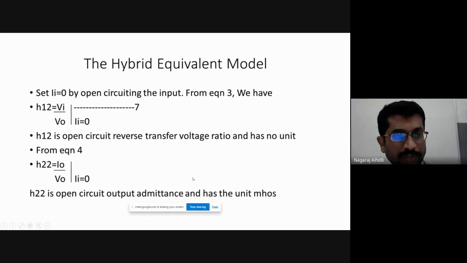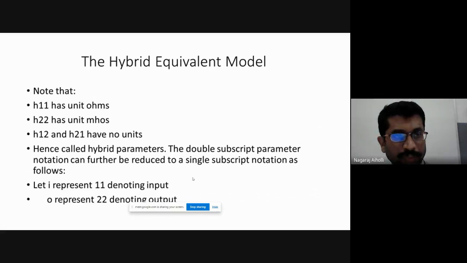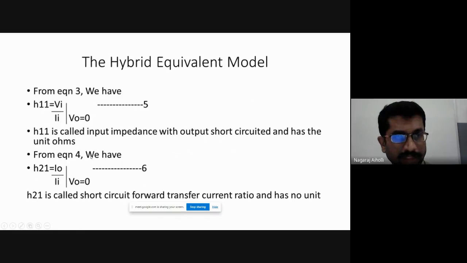Now, for these hybrid parameters H11, H12, H21 and H22, I represents the input parameter, hence it is 1, 1, and O represents the output parameter, hence it is 2, 2. Here H11 is the input impedance, represented as i. H21 is the forward transfer current ratio, represented as f.